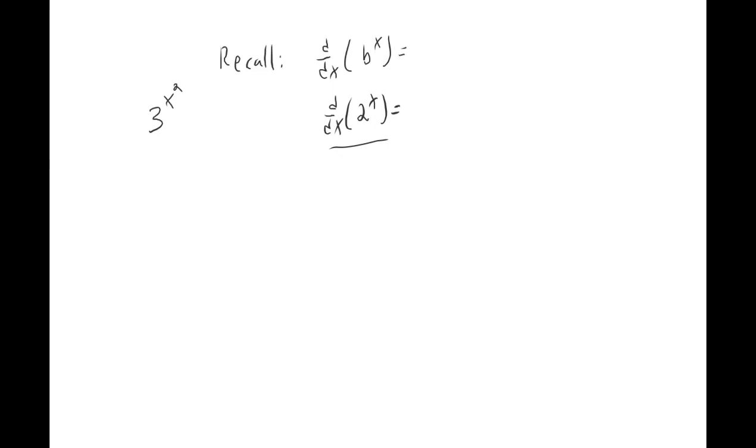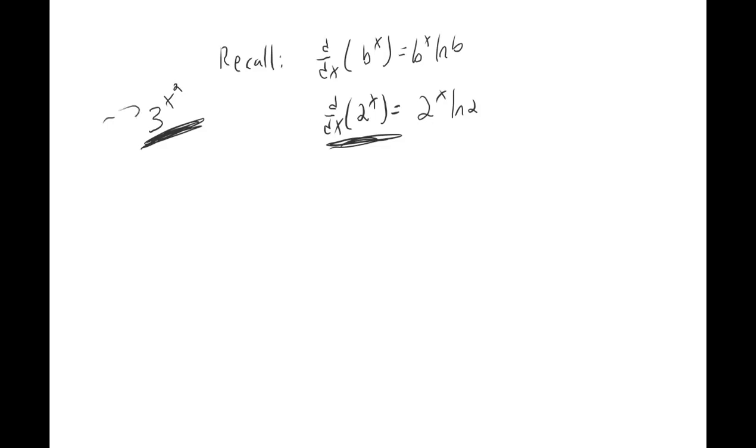You're not going to figure out this homework question if you don't know this. There's a rule: 2 to the x ln 2. So this is b to the x ln b. What you would do here is the chain rule: the outer function is 3 to the x and the inner function is x squared. This is for people who haven't done the homework yet. So that's how you do it.